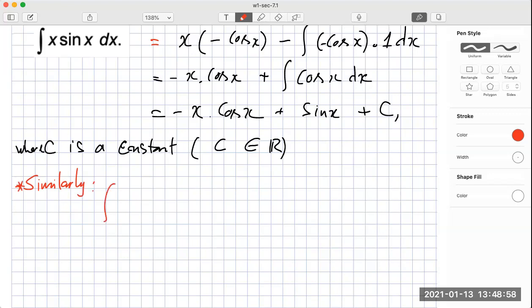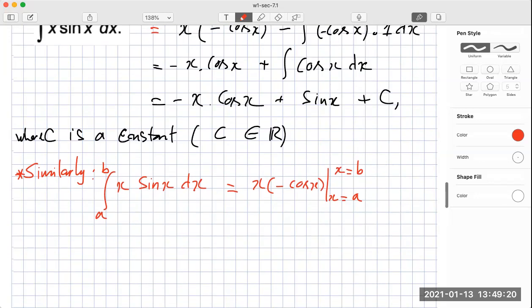Similarly, if we're computing from A to B of x sine x dx, then this will be x times negative cosine x from x is equal to A to x is equal to B, right?